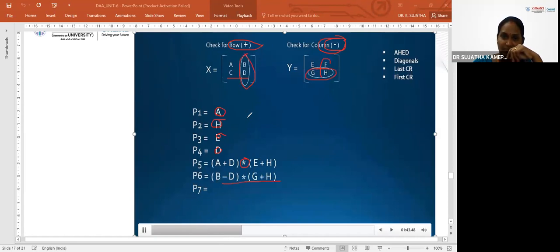First CR, first column, AC. Since it is column, we will take minus C. EF, E plus F. These are all completed now. We need to write this one.